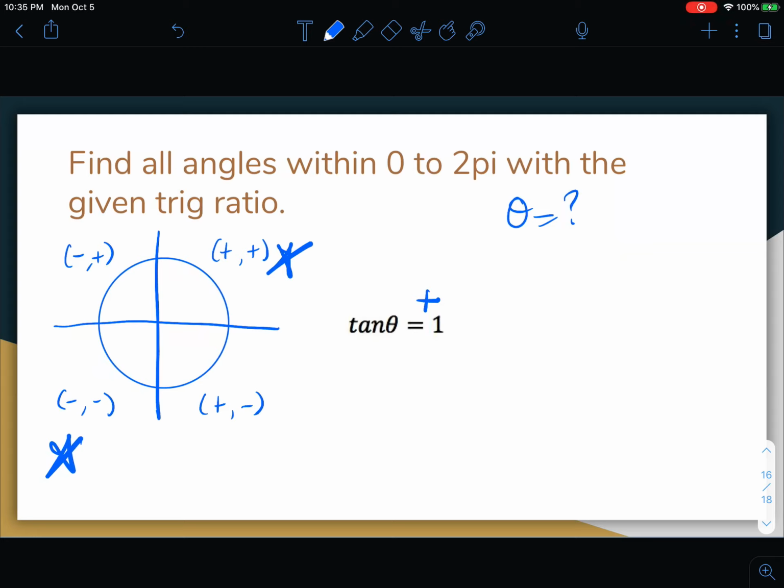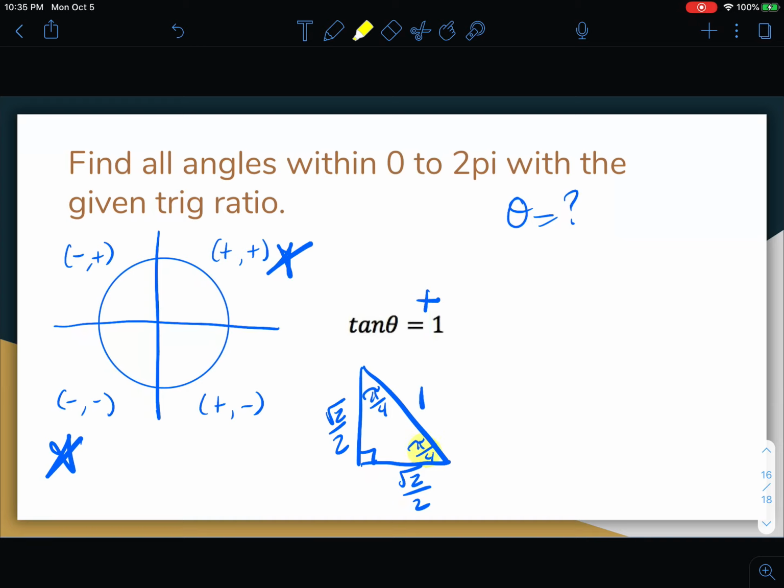Now let's think about the special right triangles. Opposite over adjacent has to be equal to 1, and I hope you're thinking of our isosceles special right triangle. So this would be pi over 4 and pi over 4, radical 2 over 2, radical 2 over 2.